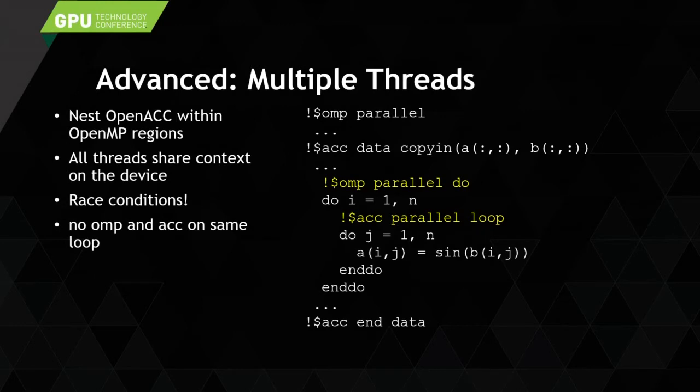If they're sharing the same device, which is this slide, then they're going to share the same context on the device. They're going to share data on the device. So if they're sharing data on the device, then you can have race conditions. You can have other conflicts between data on the device and data on the host. But most of the time, it works just fine. We don't support OpenMP parallel and ACC parallel on the same loop. Sorry, or OpenMP do and ACC loop on the same loop.